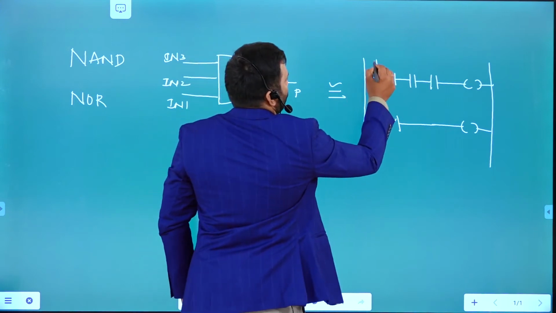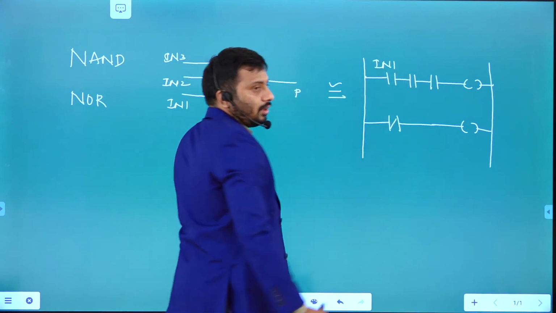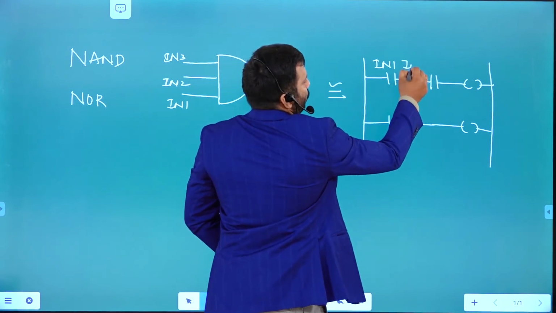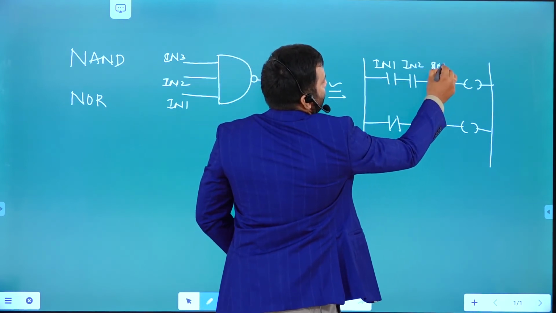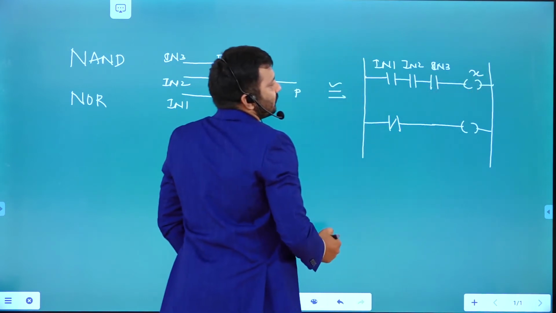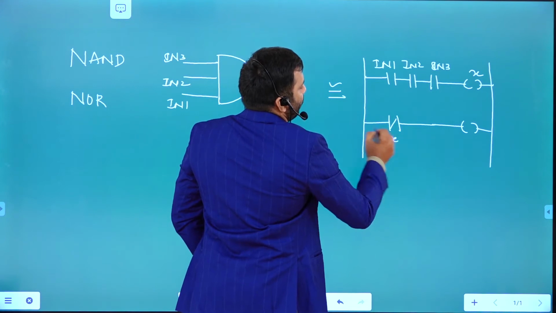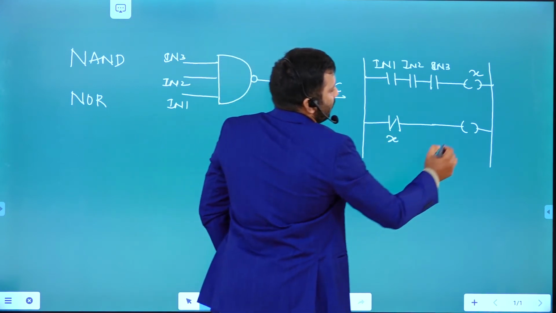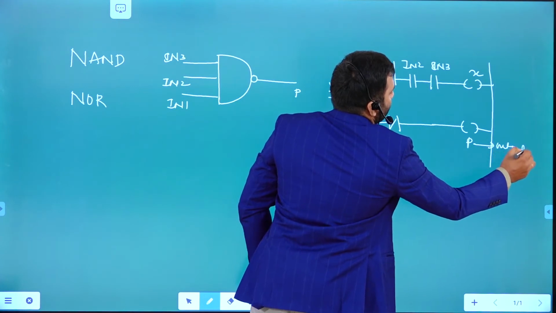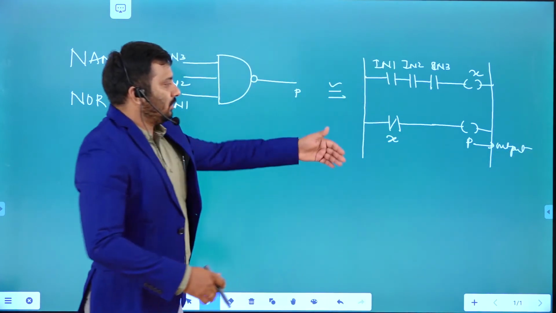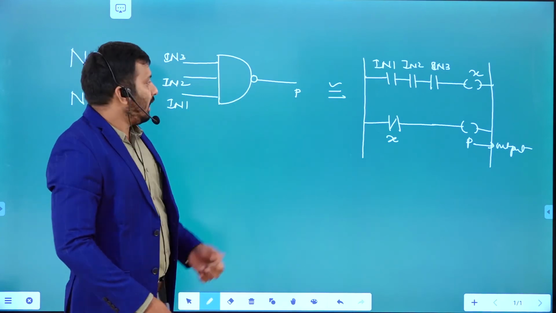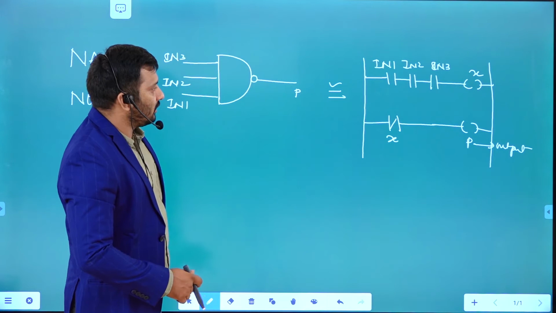See, this is input 1, this one is input 2, this one is input 3. Now we are going to get some X output. That X output is going to become the input to the second rung. Here we are going to get the real output, meaning the total output of this particular NAND gate.